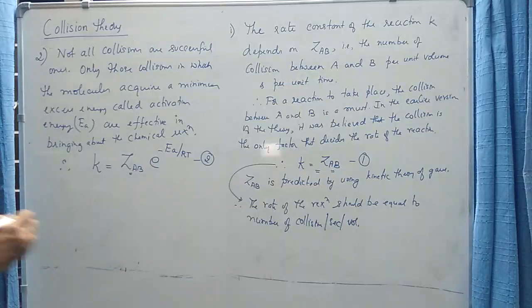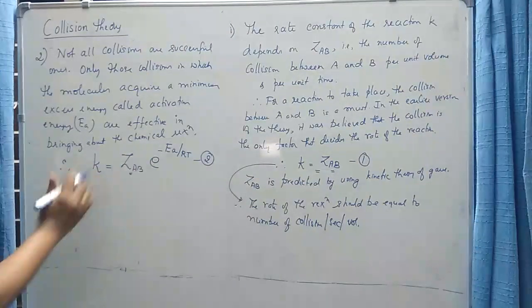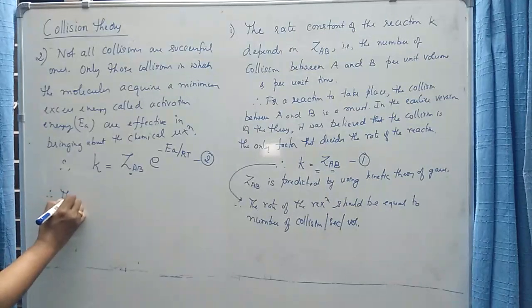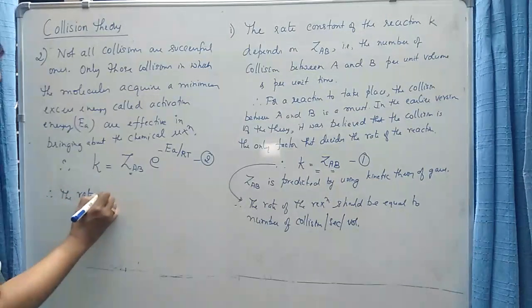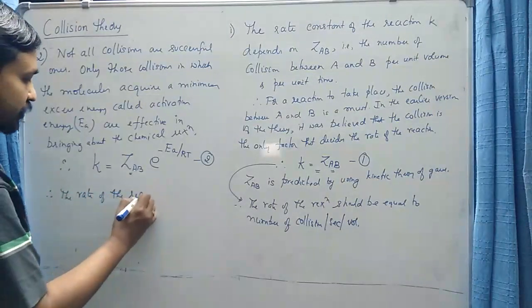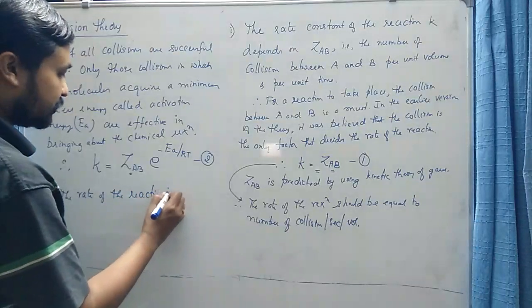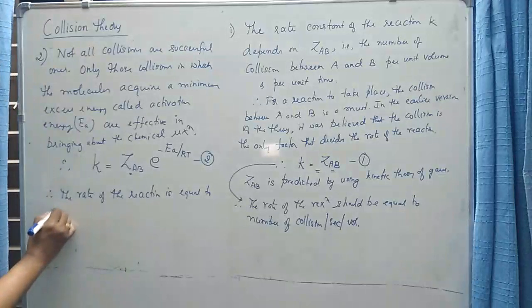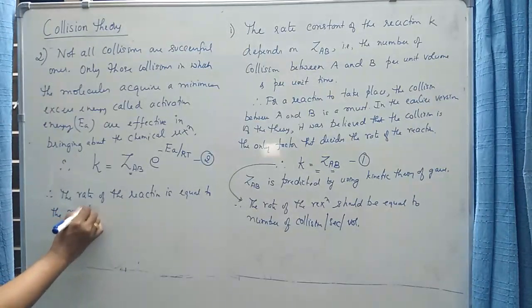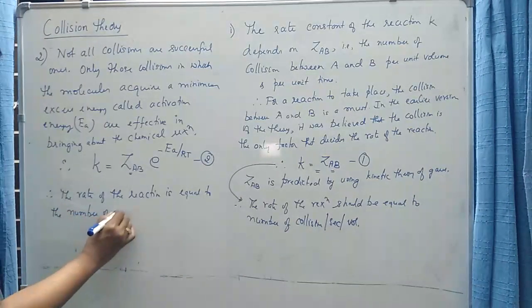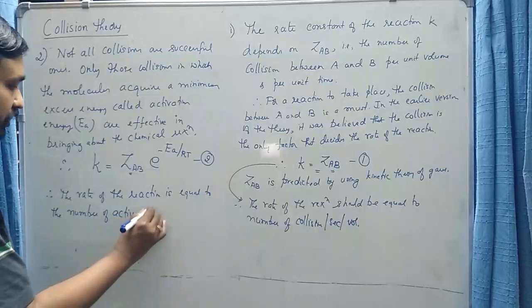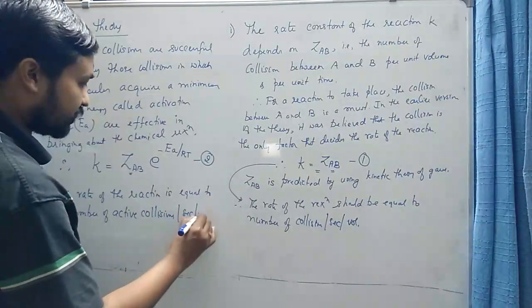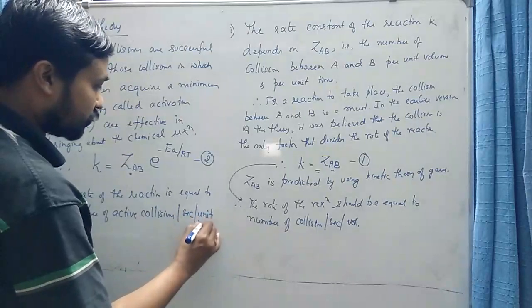So equation 2 is now stated as, therefore according to collision theory, the rate of the reaction is equal to the number of effective collisions or active collisions taking place per second per unit volume.